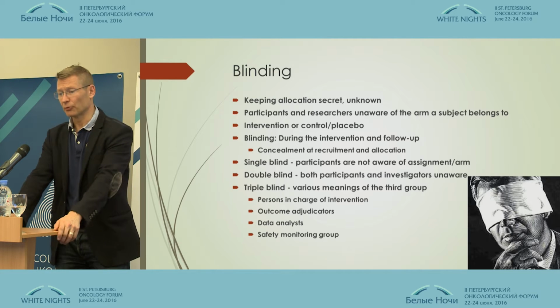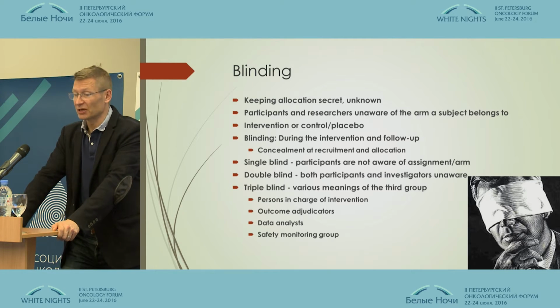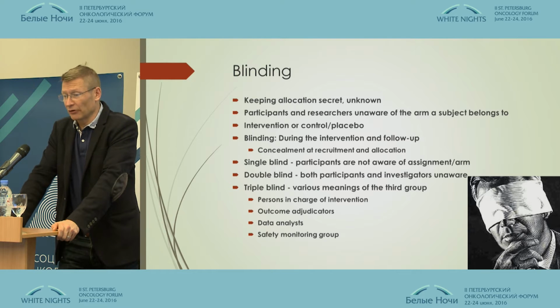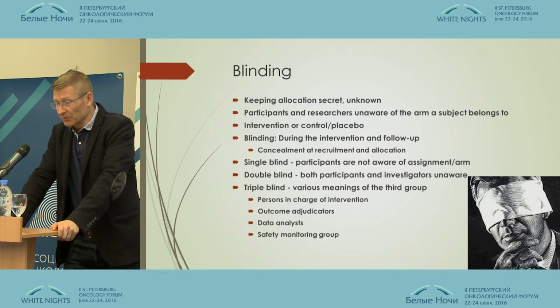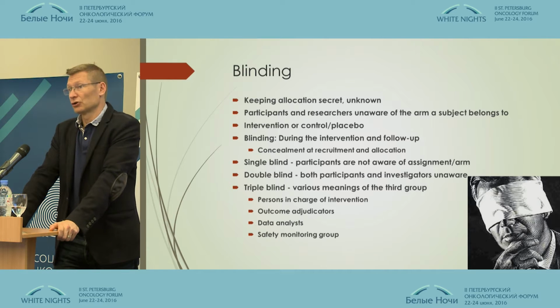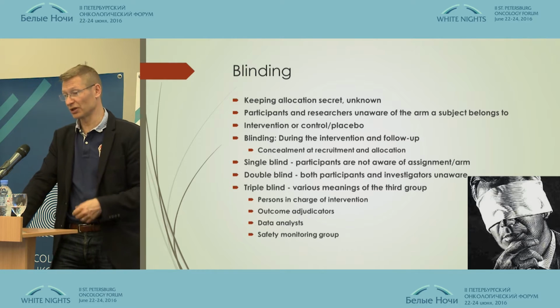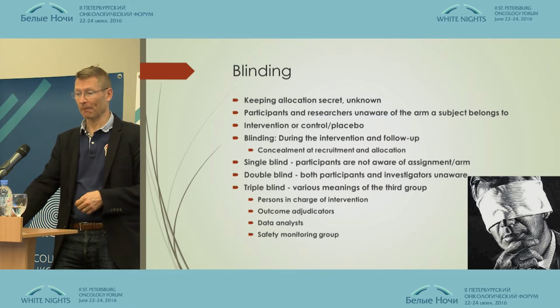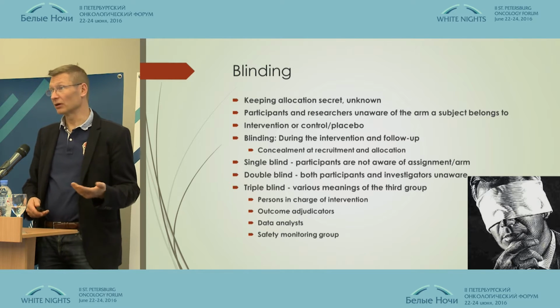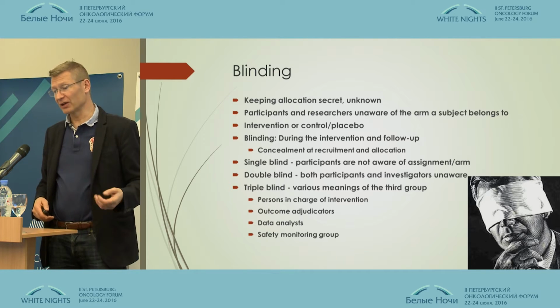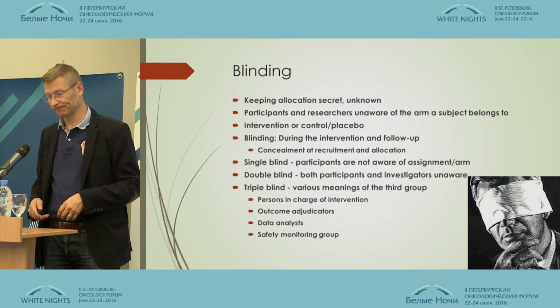Blinding is another important issue in randomized studies, which means keeping allocation secret or unknown, so that both the participants and the researchers should be kept blinded in terms of the arm, the allocation, what kind of intervention a specific patient is receiving. And that should be during the intervention and during the follow-up.